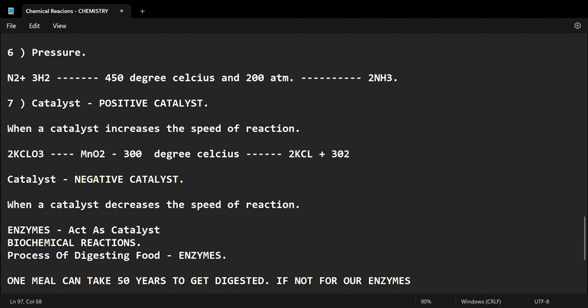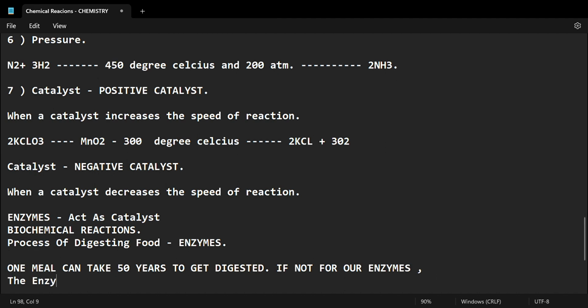You could only eat about 2 meals if you live up to 100 years. So one meal can take 50 years to get digested if not for our enzymes.